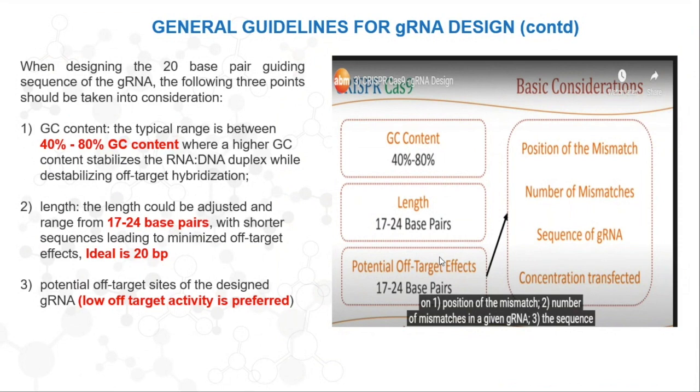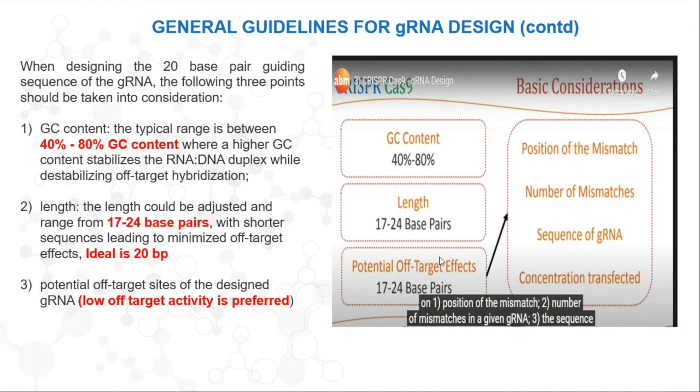Then, to avoid potential off-target effects, we have to make sure that the sequence is as specific as possible. For this, it is very important that, even though there can be some mismatches in the sequence, we remember that the position of the mismatch matters a lot.